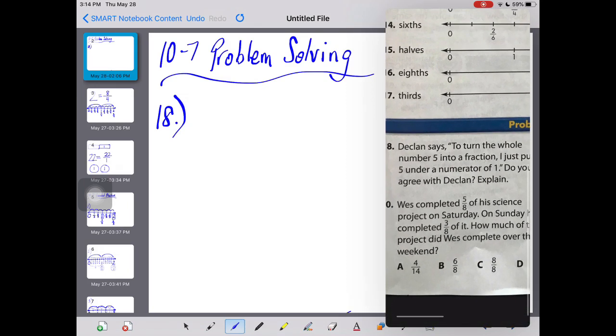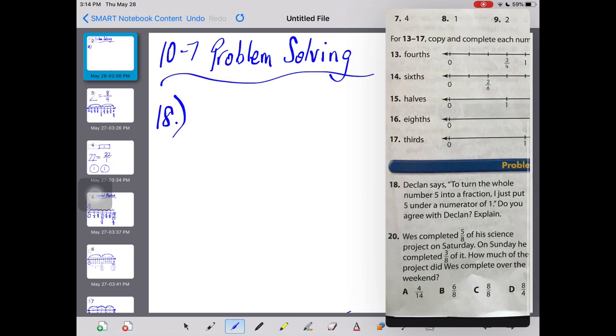Now remember, in this lesson we were looking at how to look at whole numbers as fractions. So let's take a look at number 18. Here's what Declan says: to turn the whole number 5 into a fraction, so like 5 candy bars or 5 pizzas into a fraction, I just put 5 under a numerator of 1.